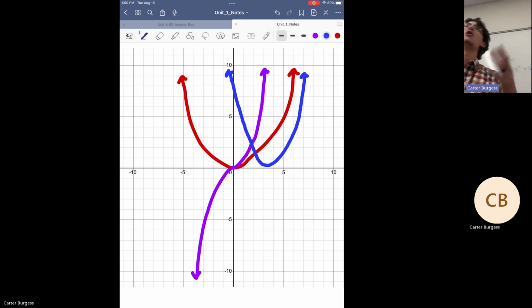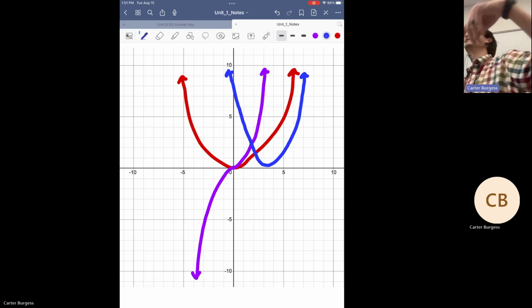It shifts it over in some direction. It doesn't ruin the symmetry, it just means it's not symmetrically centered around 0 anymore, it's symmetrically centered around 2 instead. So if you were to plug in 1 and 3, you would get the same result. If you were to plug in 0 and 4, you would get the same result, but it's no longer centered around 0. So it's no longer an even function.